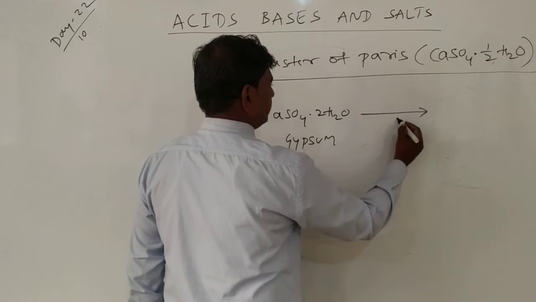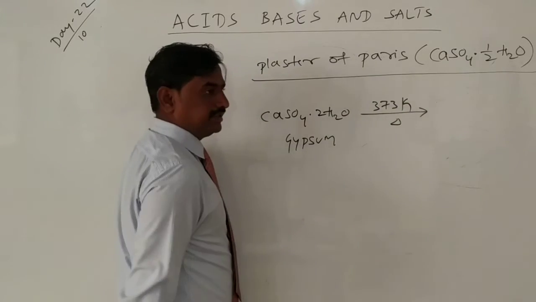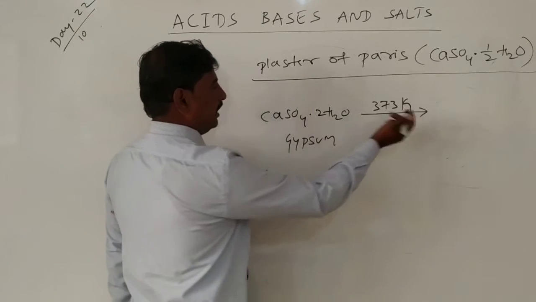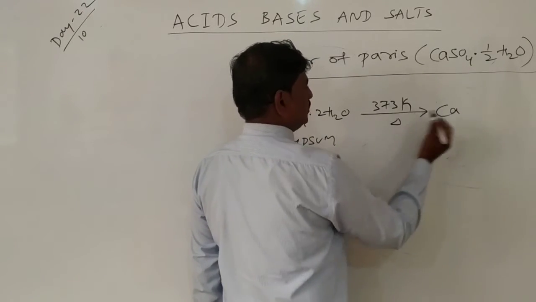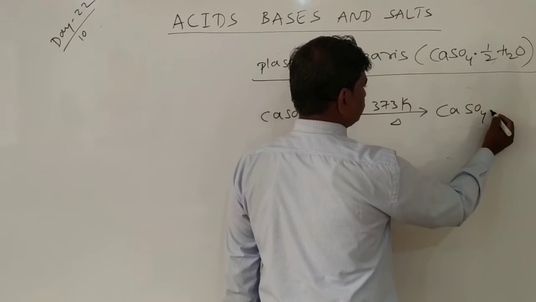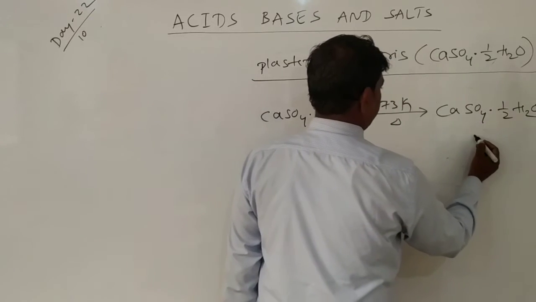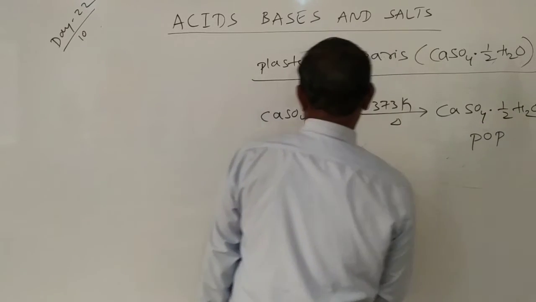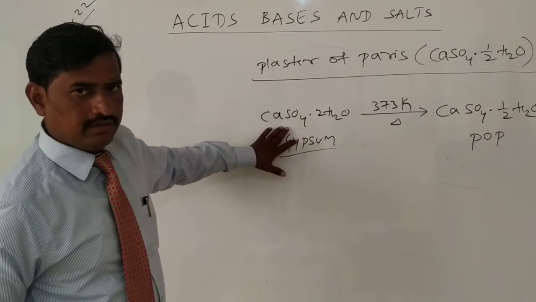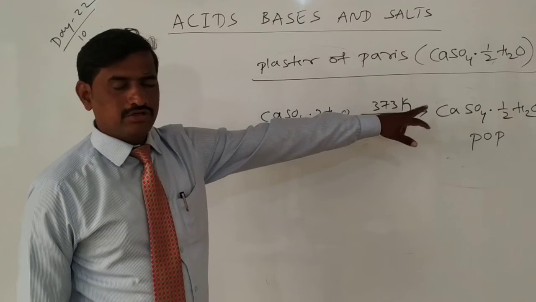By heating the gypsum at 373 Kelvin, by heating calcium sulfate, that is gypsum, and we will get CaSO4·½H2O, by losing 1.5 water. So this is POP, Plaster of Paris, and this is gypsum. So see here, by heating the gypsum at 373 Kelvin, we obtain Plaster of Paris.